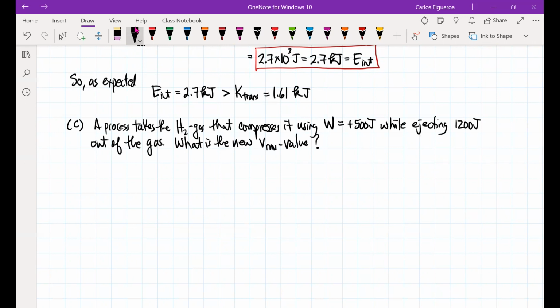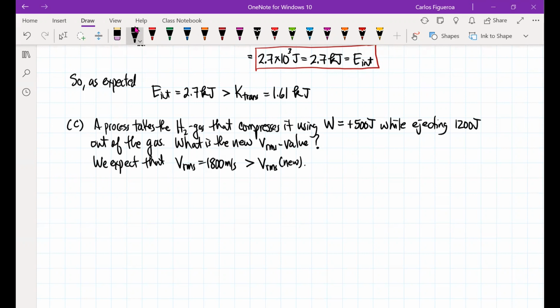I know what we expect, right? We expect that the VRMS, which is 1,800 meters per second, should be higher than this new RMS after this process. So we better calculate something like that. The way I've got to do this is calculate the internal energy. From the internal energy, I calculate the temperature.